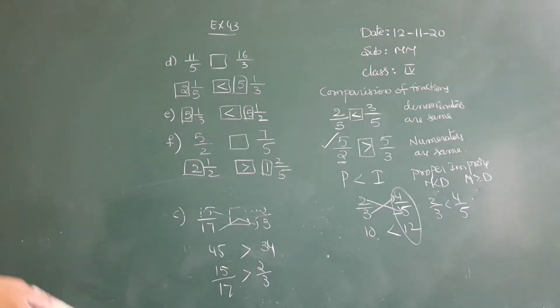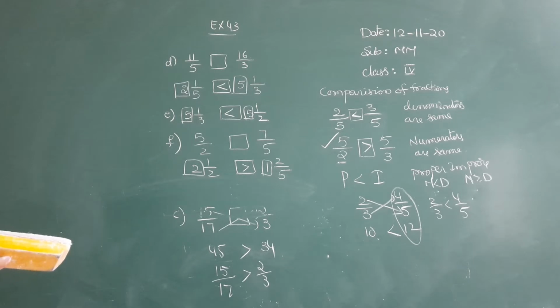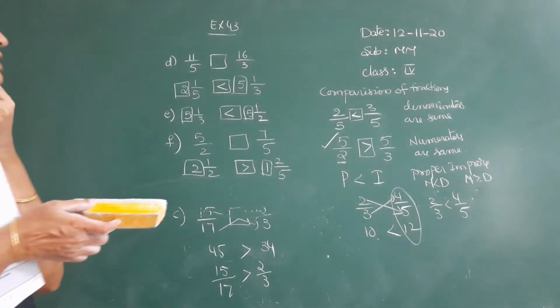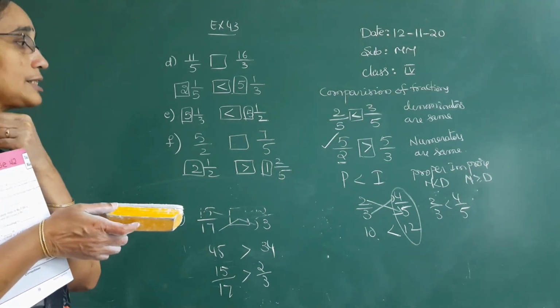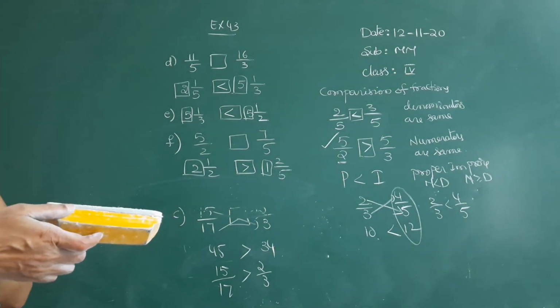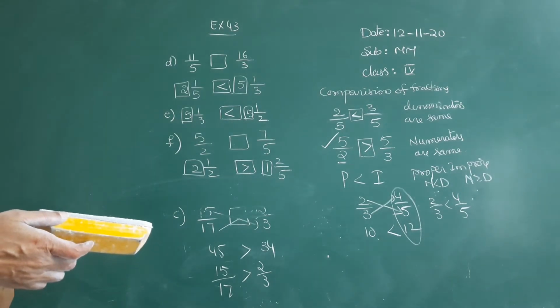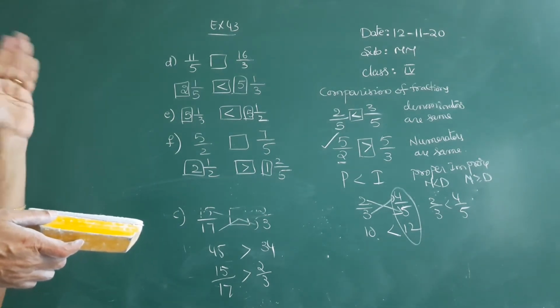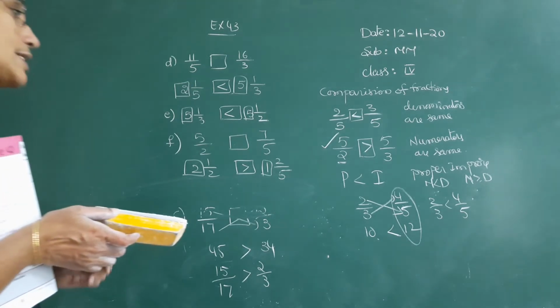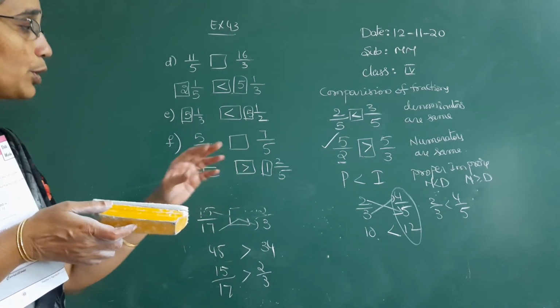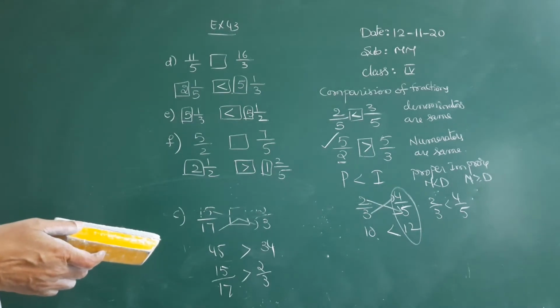Okay, so once again, how to compare fractions. You have to observe first whether the denominators are same or numerators are same. If denominators are same, which numerator is greater, that fraction is greater. If numerators are same, which denominator is smaller, that fraction is greater. And every proper fraction is always less than improper fraction.